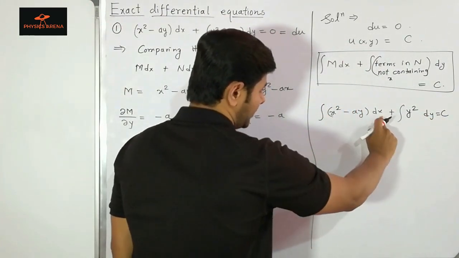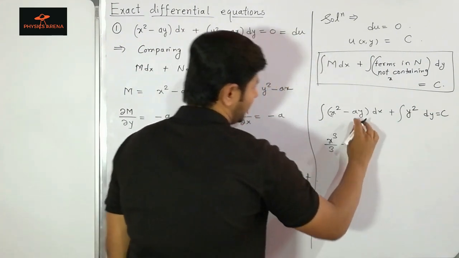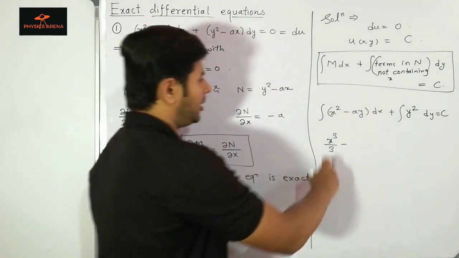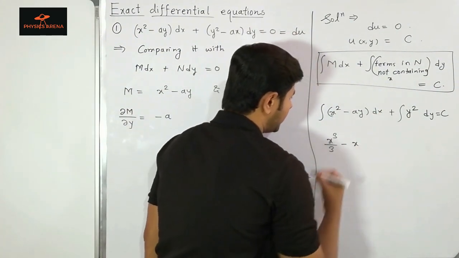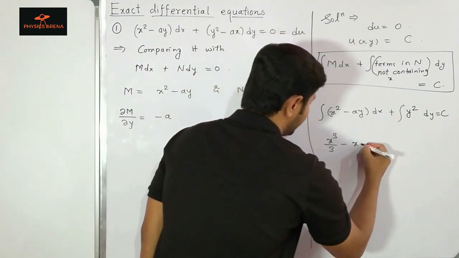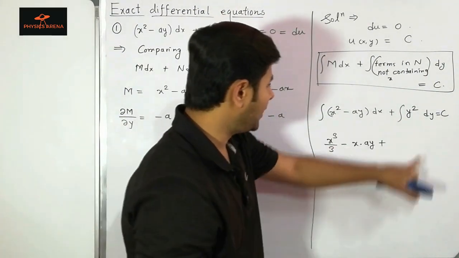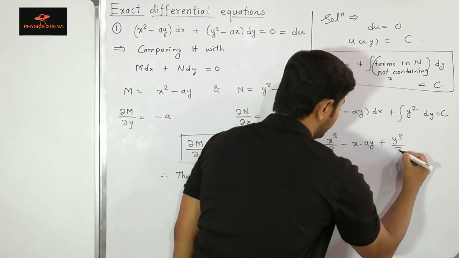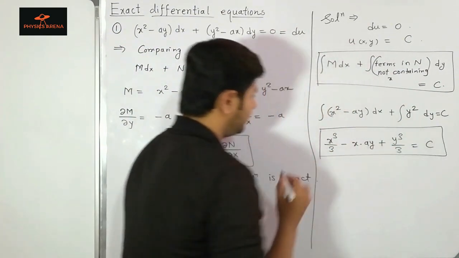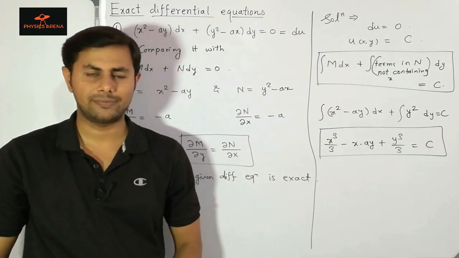Integral of x square is just x cube over 3 minus, here we can take ay outside, it is a constant, and we have integral of dx only, which is x, multiplied by this ay, plus integral of y square, which is y cube over 3, and this is constant. So this is the solution of this given differential equation.